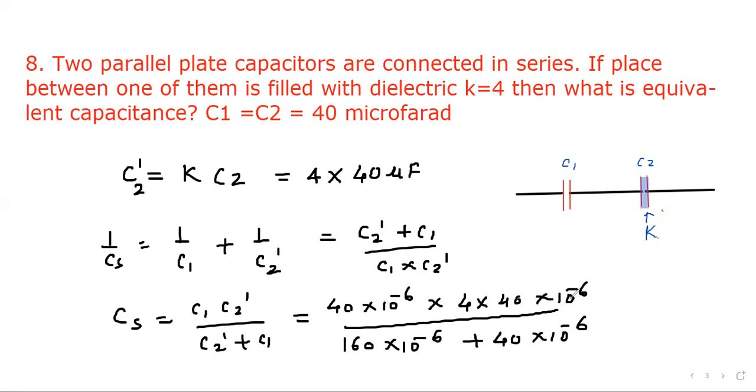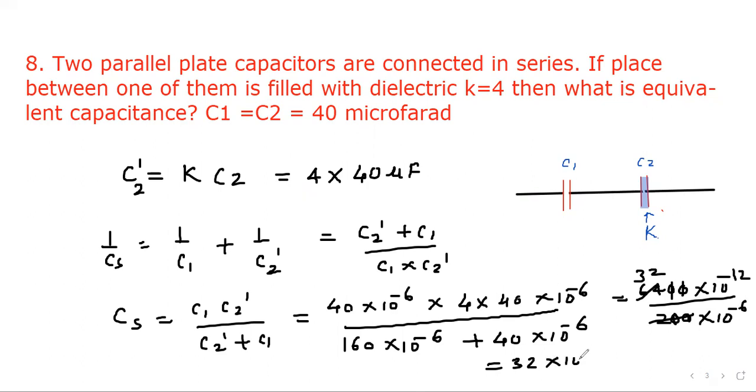So in the numerator we will get 40 times 160, which is 6400 into 10 to the power minus 12, divided by, in the denominator, 200 into 10 to the power minus 6. We can cancel 2 zeros, this will become 32, and the power will be reduced by 6. So 32 into 10 to the power minus 6 farad or 32 microfarad.